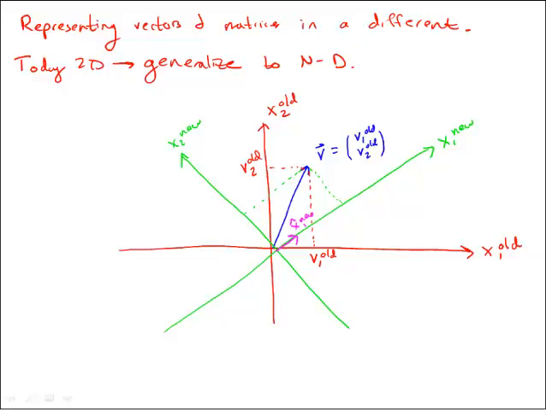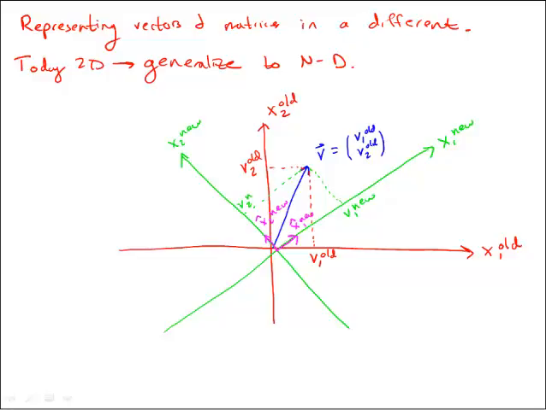The projection of v onto x1 new hat will give us the amount that v lines up with the x1 new direction. And in the same way, the projection of v onto x2 new hat, the unit vector pointing in the x2 new direction, will give us the amount that v points in the x2 new direction.